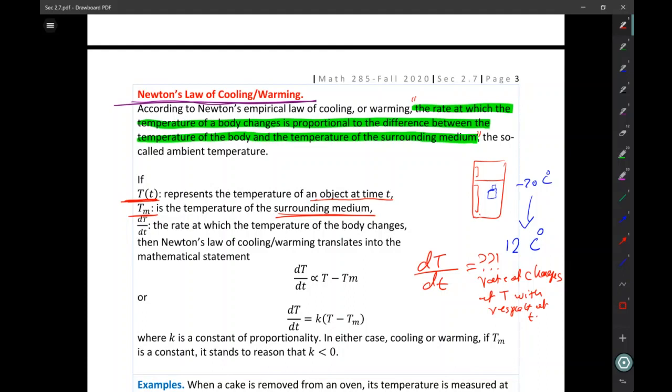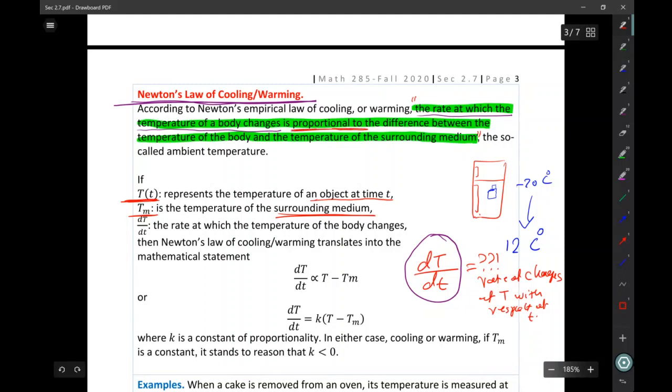So go back to the law here. It is the rate at which the temperature of the body changes. This is represented by dT by dt. Continue. Is it proportional? Proportional to what?